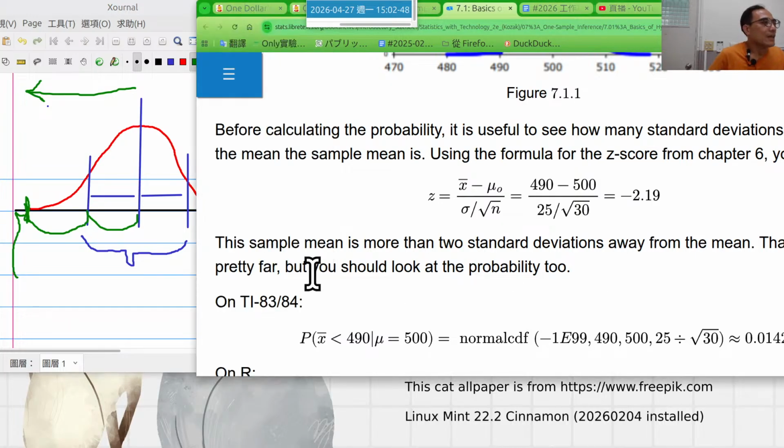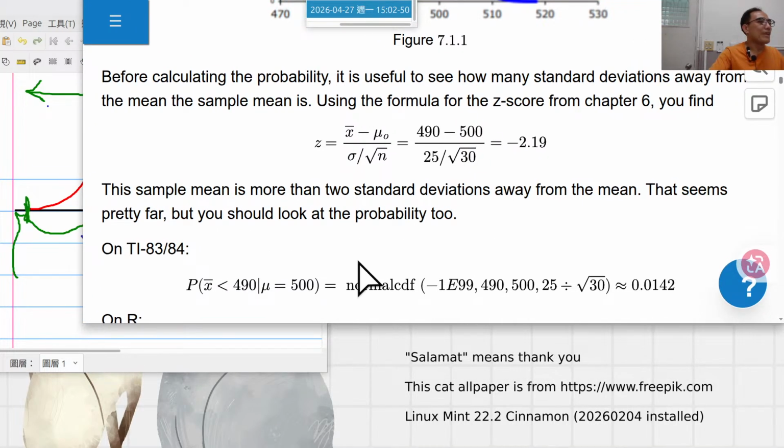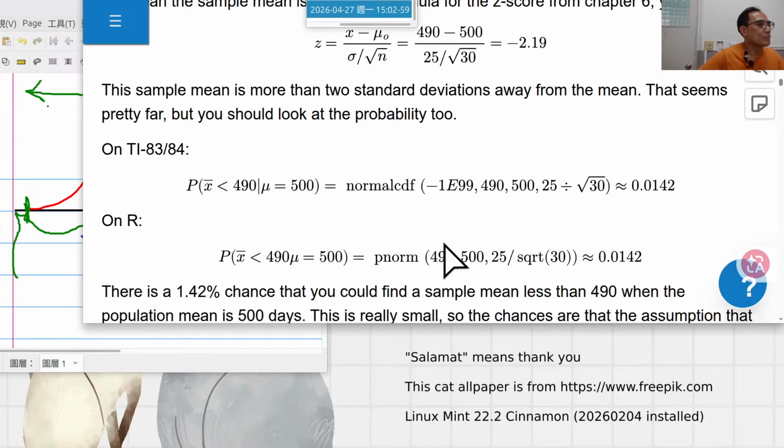And here, the sample mean is more than 2 standard deviations away from the mean. That seems pretty far, but you should look at the probability too. Check the probability here. Later I will show you how to use the table to get the answer. The probability is 0.0142.